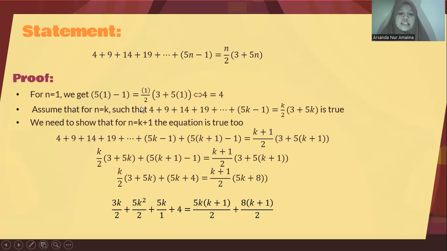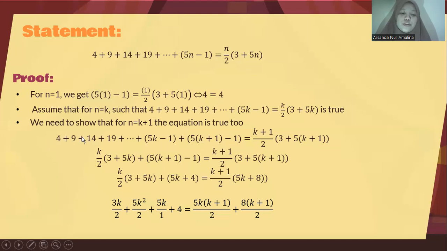So in this second step, we replace n with k. And the third step, we need to show that for n equal to k plus 1, the equality is also true. So we assume that n equal to k is true, and we need to show that n equal to k plus 1 is also true.